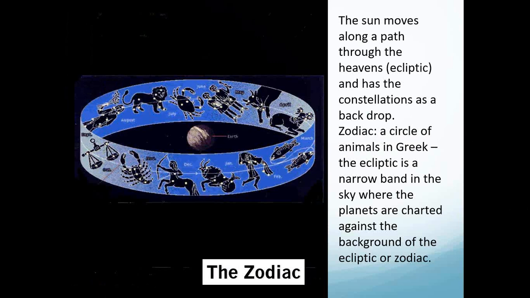Now, zodiac, according to the definition, is a Greek terminology meaning animals. And these animals are part of a band. They call this a narrow band. But if you look at the map that some people have of the heavens, and you look at all these stars, it doesn't look so narrow. But I guess in the whole scheme of things, it's space. It is considered fairly narrow. So it's a band in the sky where the planets are charted against the background of the ecliptic or the zodiac. Okay, we move on.